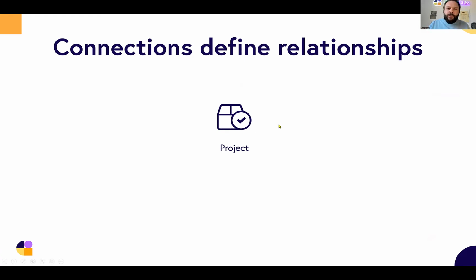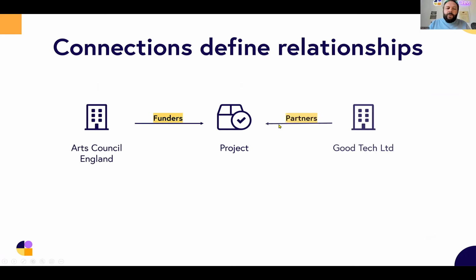We use the example of a project, and a project maybe has some funders and some partners that you're working with. So funding organizations, partner organizations. We can create connection fields in the system, custom fields of type connection, one called funders, one called partners, and we can connect these organizations to our projects using those fields.